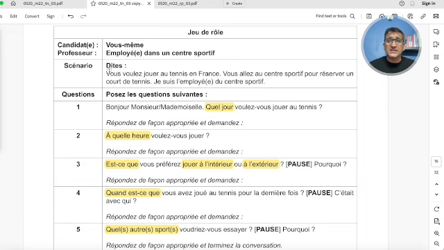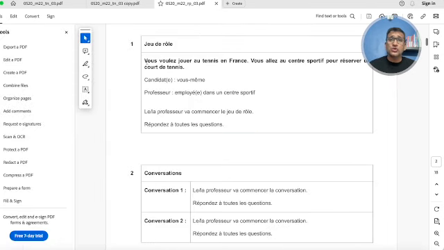So this scenario is given for the teacher, the same scenario which you have in your card. Let's look at one role play. Vous voulez jouer au tennis en France? Vous voulez is from the verb vouloir, which means to want, and this is the conjugation of the verb vouloir. Vous voulez jouer au tennis en France.